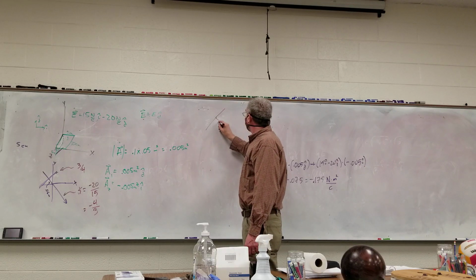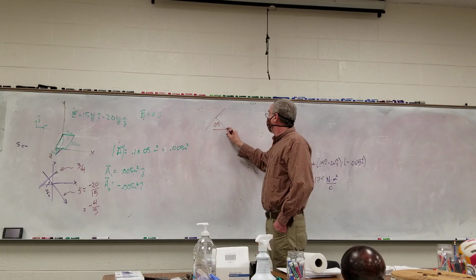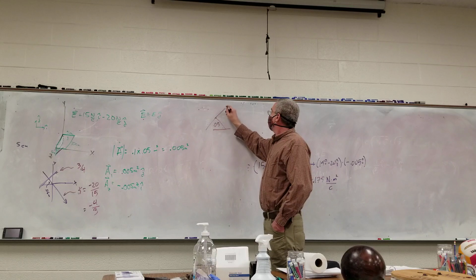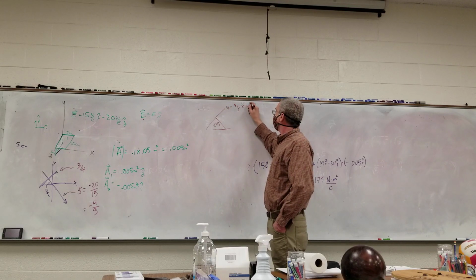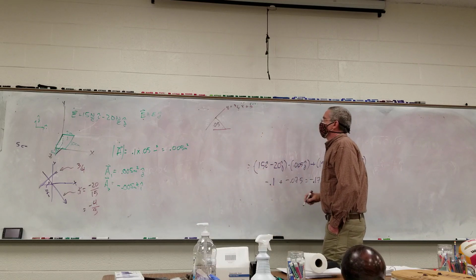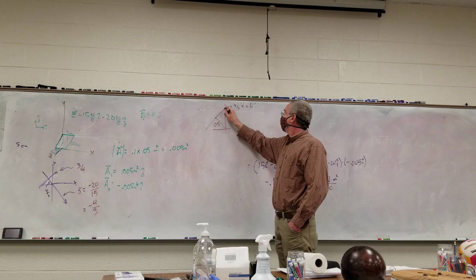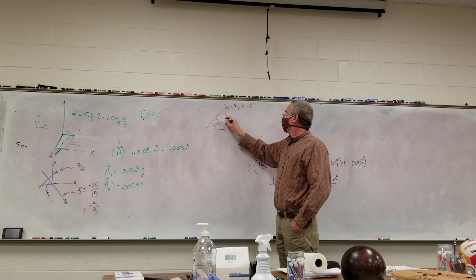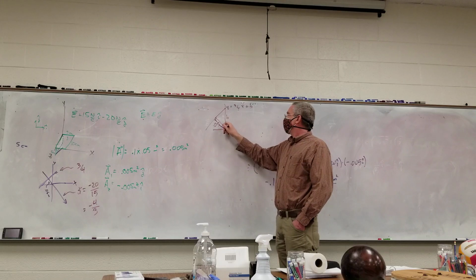Let's see, I know that's 0.05. I know this is y is equal to 3/4 x plus b. That's my b right there. This is b. I just need to find that angle.